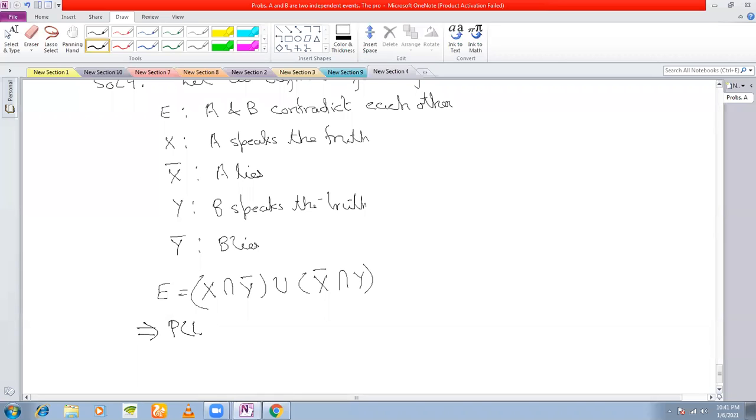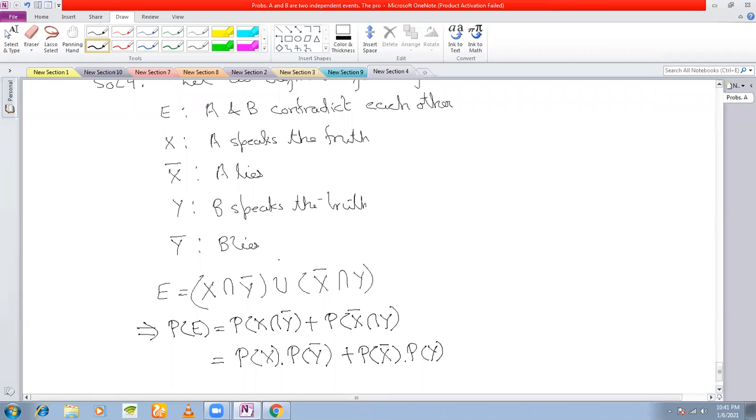P of E is equal to P of X intersection Y bar, union with X bar intersection Y. Now these two are independent events, therefore you can write this as PX into PY bar plus PX bar into PY.